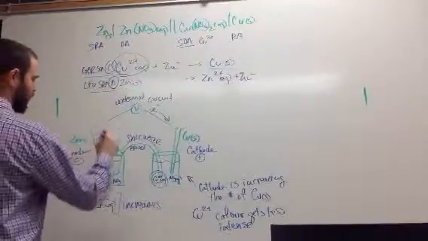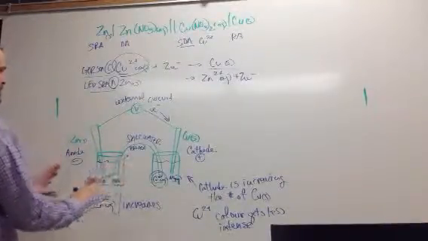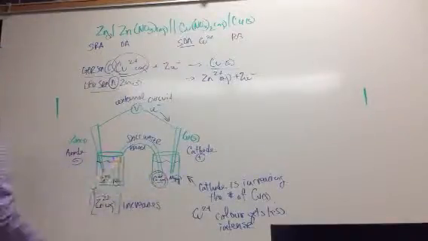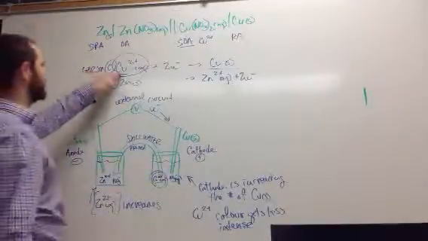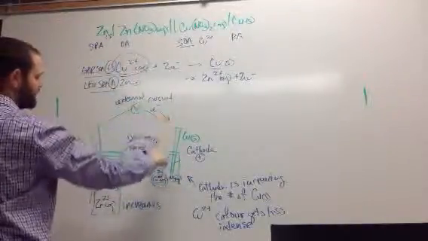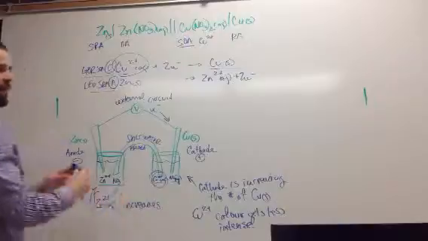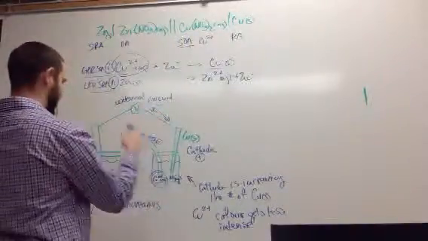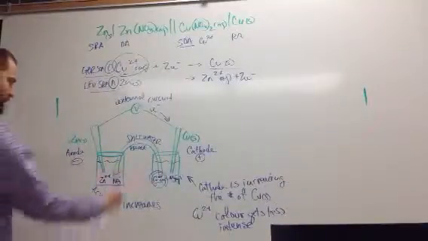And we also have ions. So for this to work, not only do we need the two spontaneous half reactions, but we also need to have this saltwater bridge that creates a voltage difference. So what's happening in this half cell is different than this half cell.